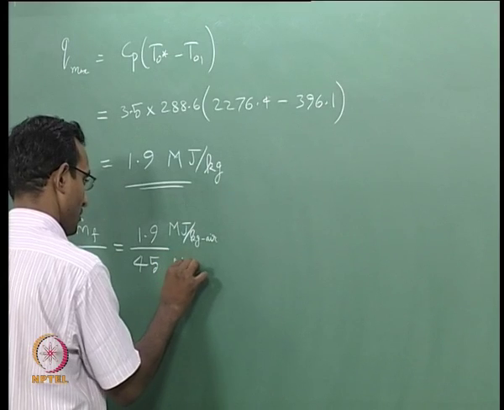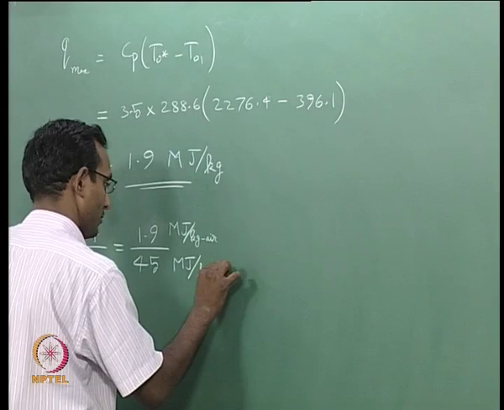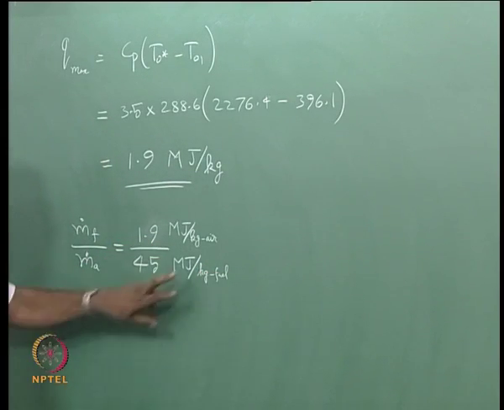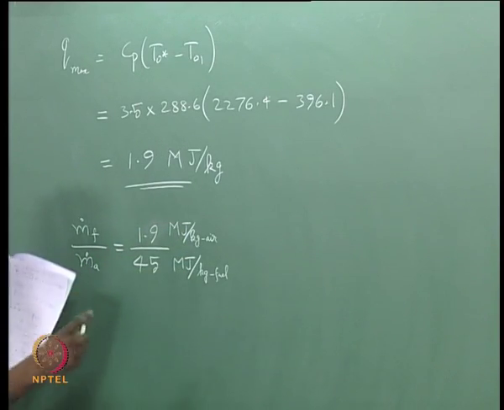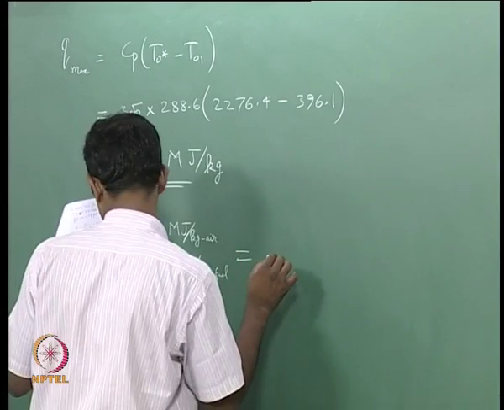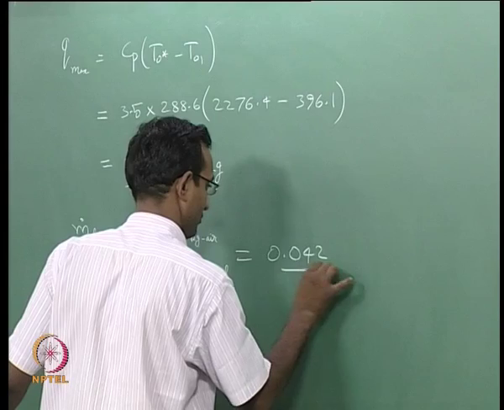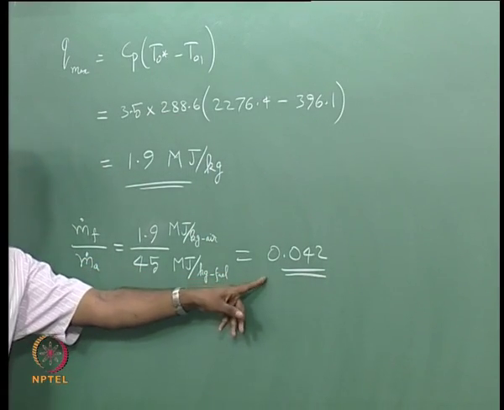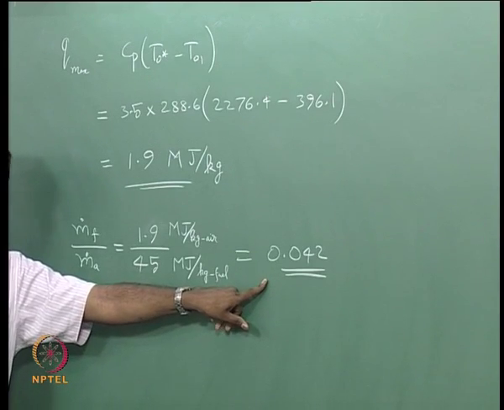Now you can see that it is coming out to be kilogram of fuel by kilogram of air units automatically. This number comes out to be 0.042. This is the maximum fuel to air ratio that you can have in your combustor without having choking condition.